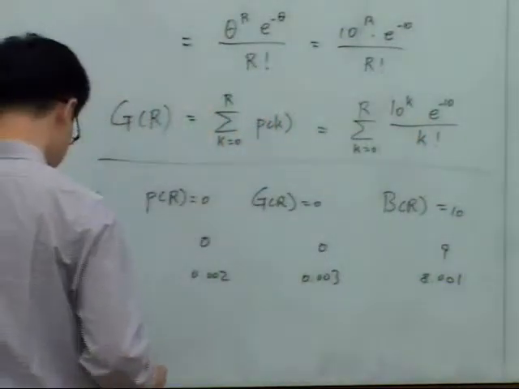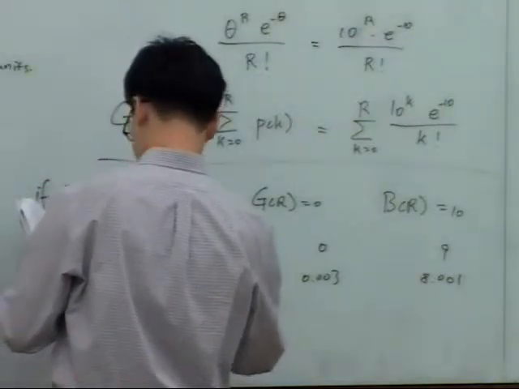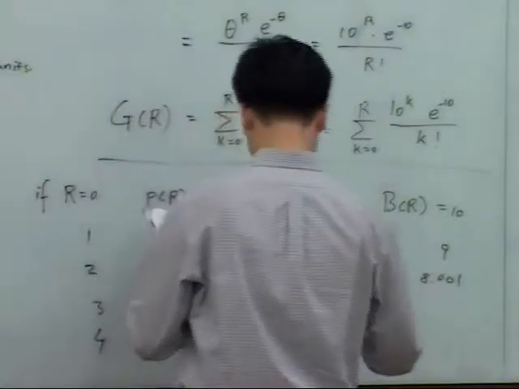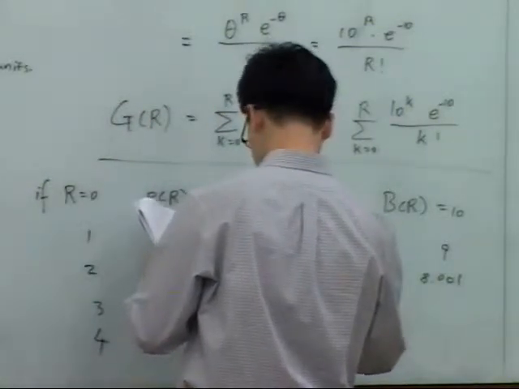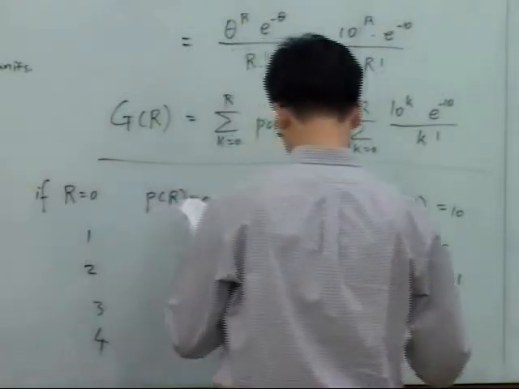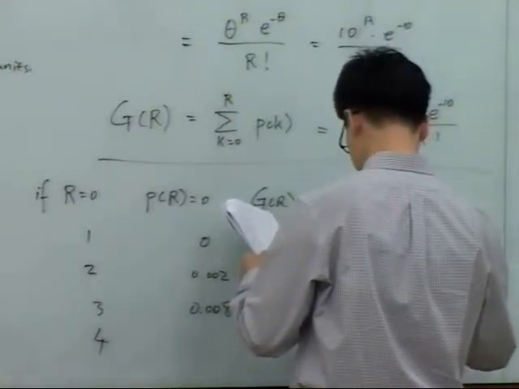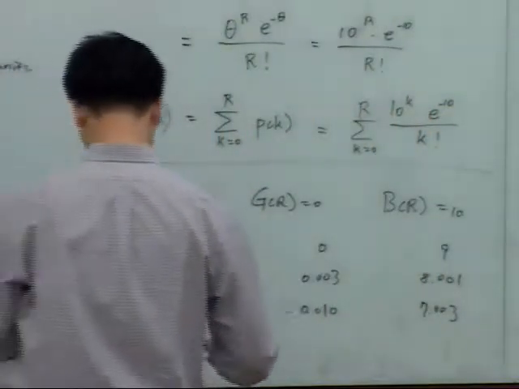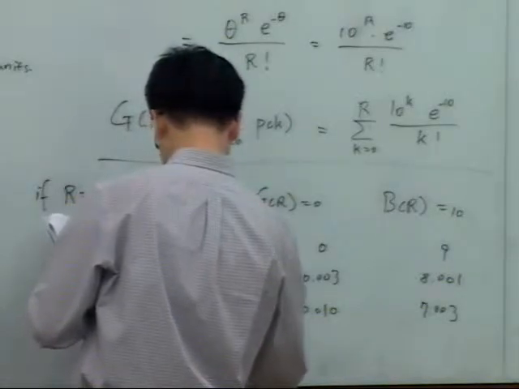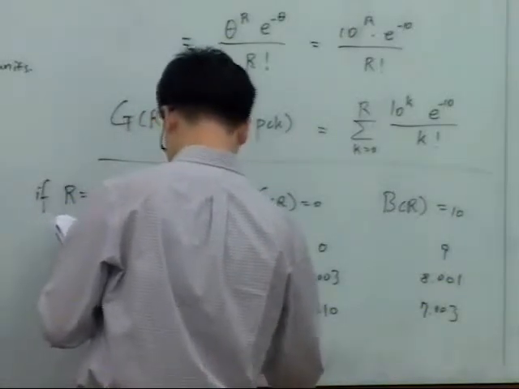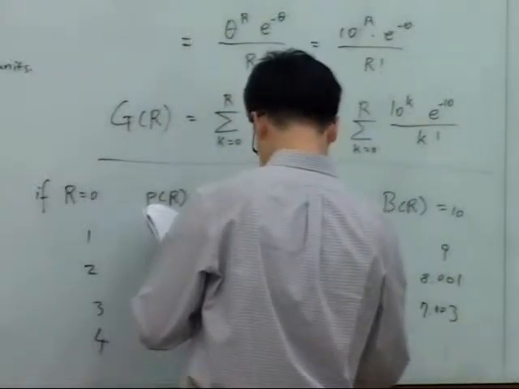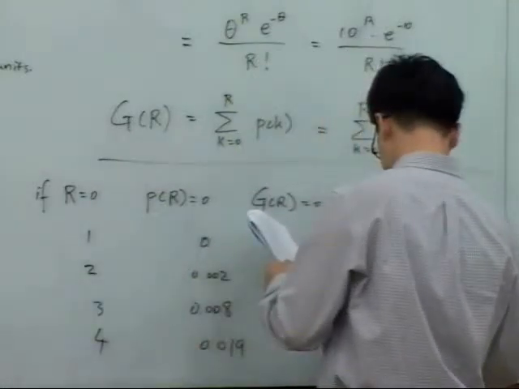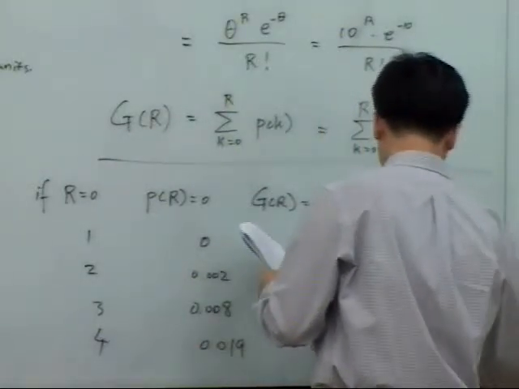When R is equal to 3, PR is about 0.008, GR now becomes 0.010, and BR becomes 7.003. When R is equal to 4, PR is 0.019, GR becomes 0.029, and BR becomes 6.014.